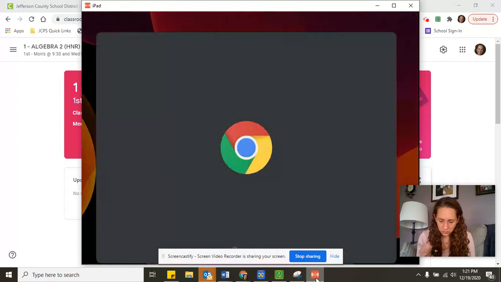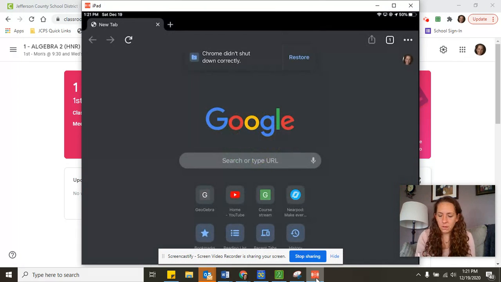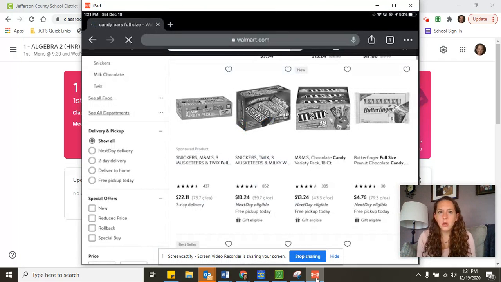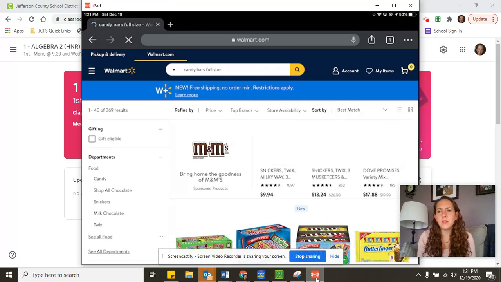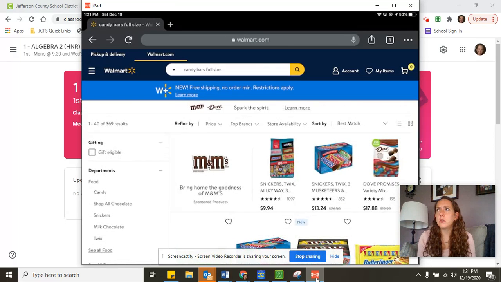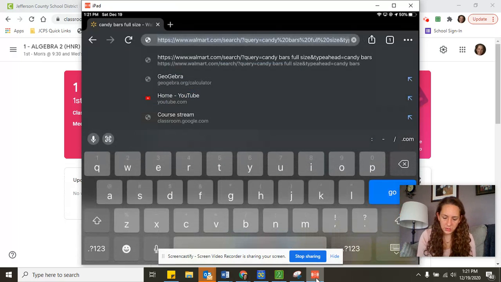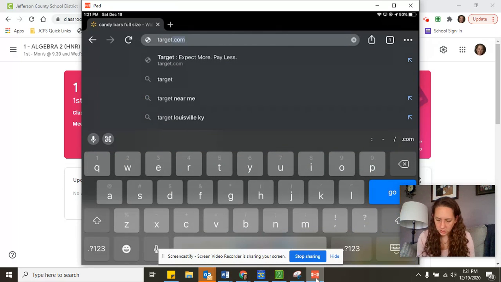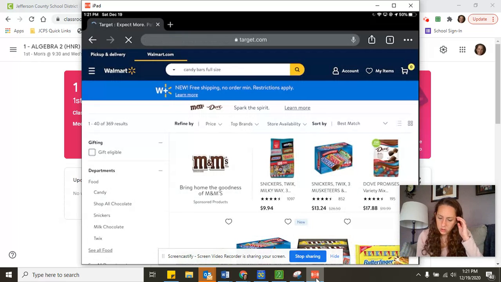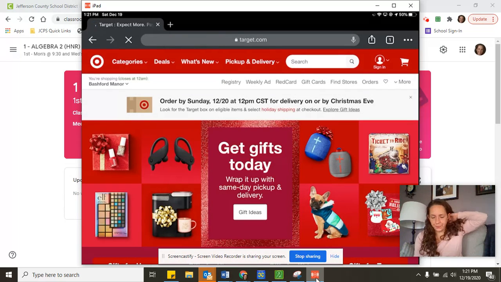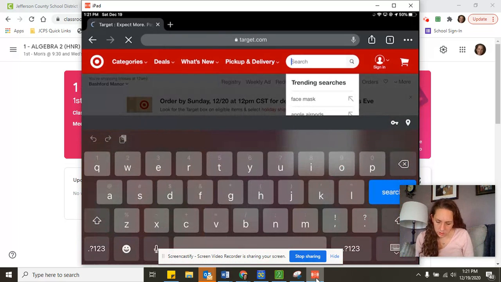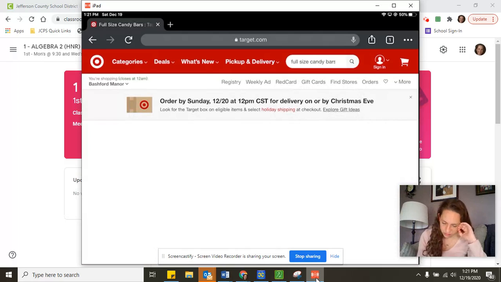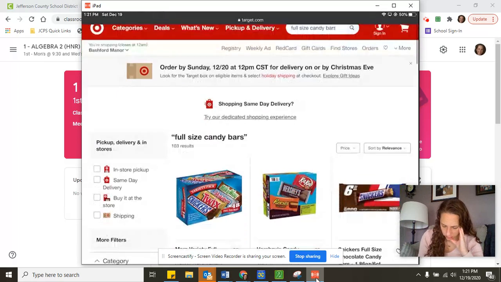Okay. And then another place that people could buy stuff would be Target. Let's look at Target.com. And let's look for full size candy bars. All right.